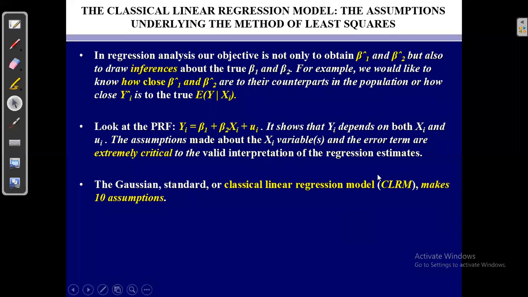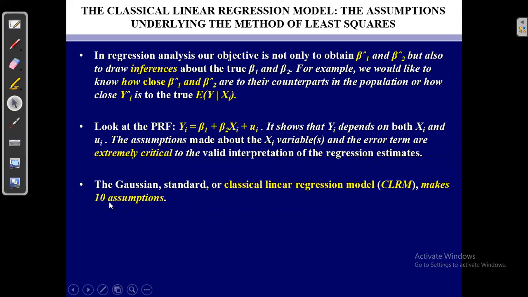Standard linear regression model, but usually the common name is classical linear regression model. So whether it's a simple regression model, which means only one X variable is there in the model, or whether it's a multiple regression model that we will discuss immediately after this, as long as these 10 assumptions are assumed, the model would be called classical linear regression model.